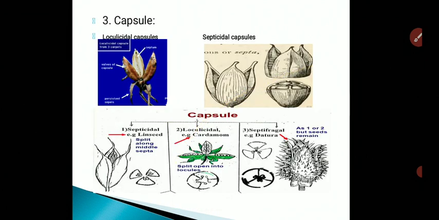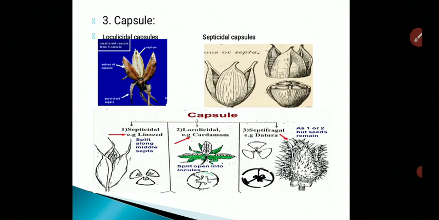The third type of dehiscent fruit is called a capsule. A capsule is a dry dehiscent fruit developed from a polycarpellary syncarpous unichambered or multichambered ovary. It dehisces in various ways depending on the mode of dehiscence.